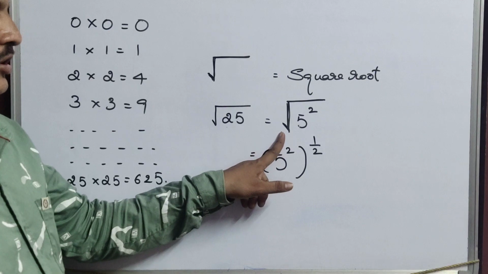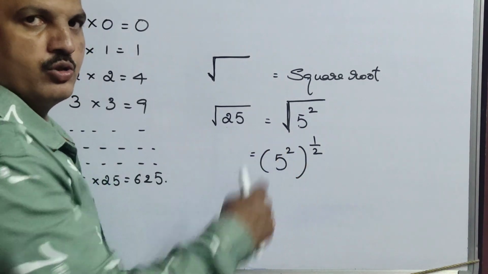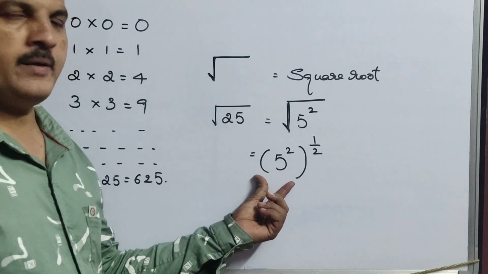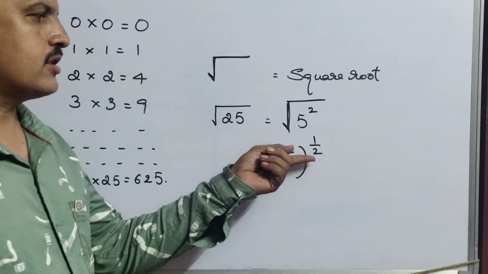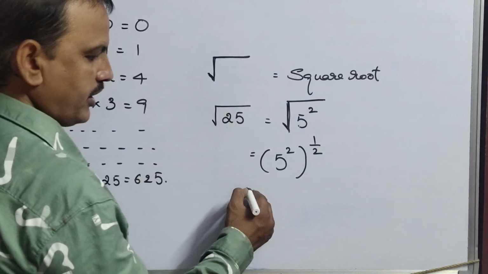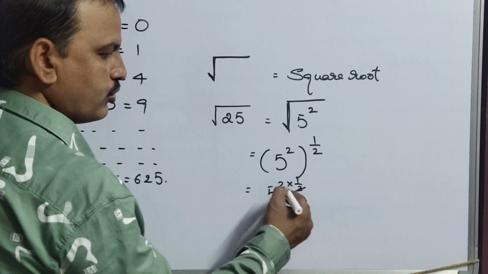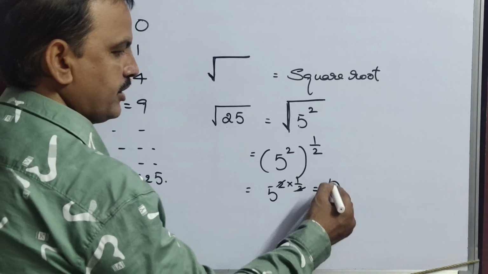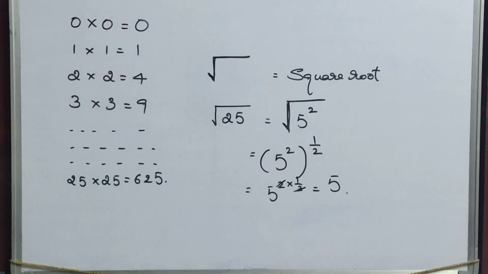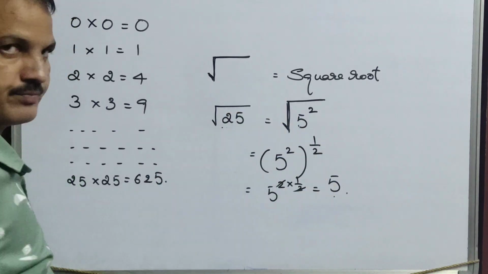For whatever number is there, the square root turns into a power of 1 by 2. Now listen very carefully. 5 squared to the power 1 by 2. So the 2s get cancelled, and you get 5 as the answer. That means the square root of 25 is 5.